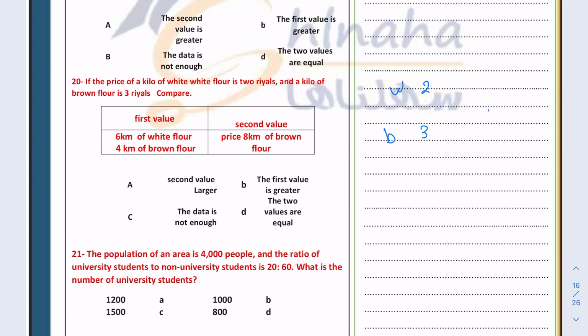Here we have the price of 8 brown, meaning 8 times 3, which is 24. 6 white meaning 6 times 2, which is 12. And 4 brown, which is 4 times 3, which is 12. 12 and 12, 24. 24 and 24, I will choose C. C means equal.